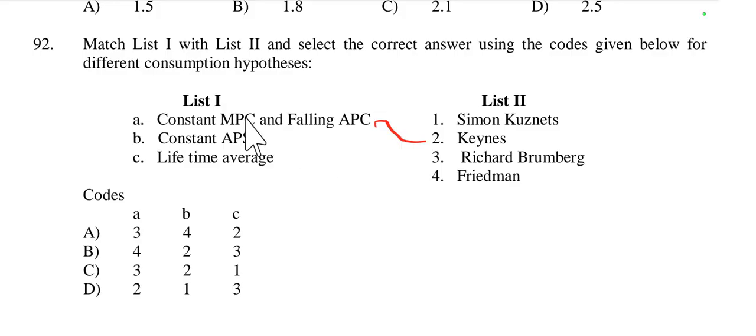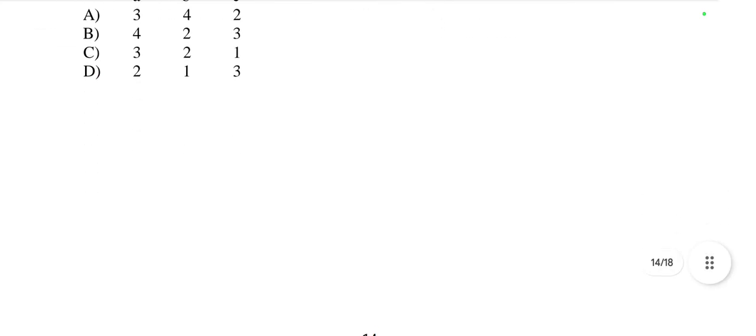Then constant APS is related with Simon Kuznets. Lifetime average is related with Richard Brumberg. So 92: A2, B1, C3. So option number D is right here.